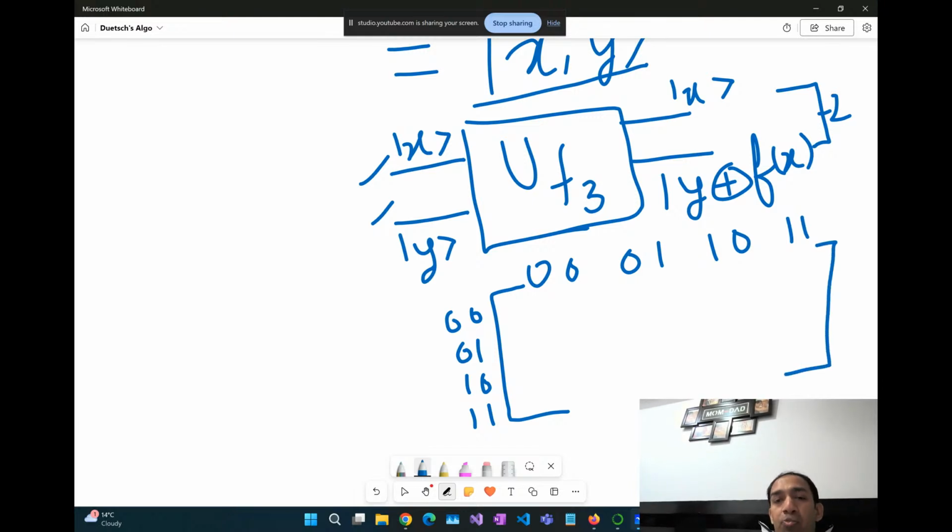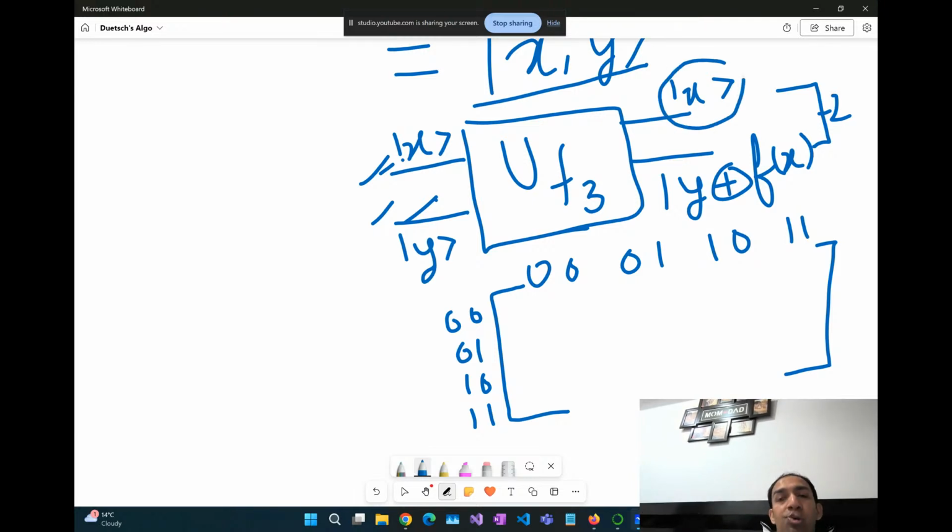Now, for the input 0 and 0, what will be the output in this case? We have already calculated it in the above truth table. If you notice, in the case of 0 and 0 as an input, first of all, this will remain the same.